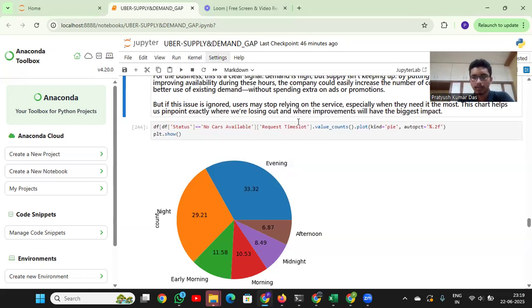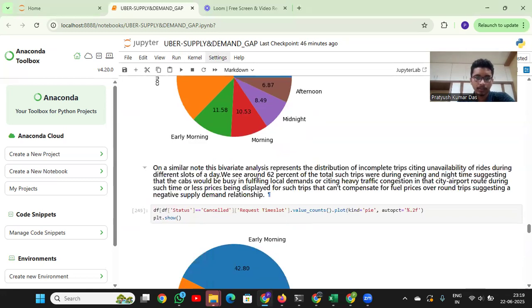So this was just the code logic where we selected those entries whose trip status corresponded to the unavailability of the cars, to study the distribution of these unsuccessful trips across these time slots.